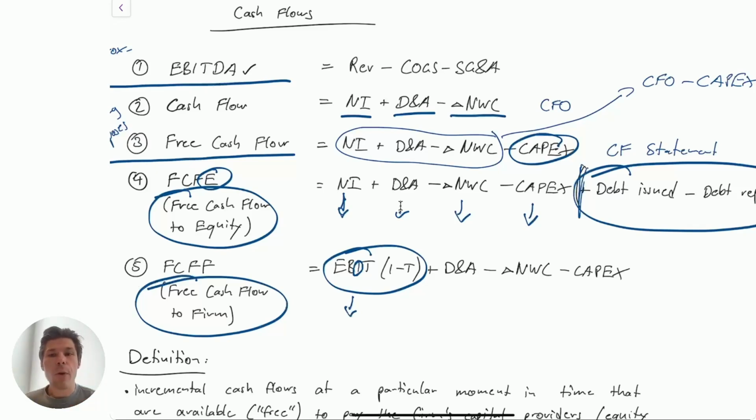They already get rewarded via interest payments, which means if for free cash flow to the firm you would start with net income, then the formula would not be correct, because this free cash flow to the firm, to both equity holders and debt holders, was already adjusted, and some of the debt holders were already paid via the interest item here. So that's why you need to start from an income statement perspective.